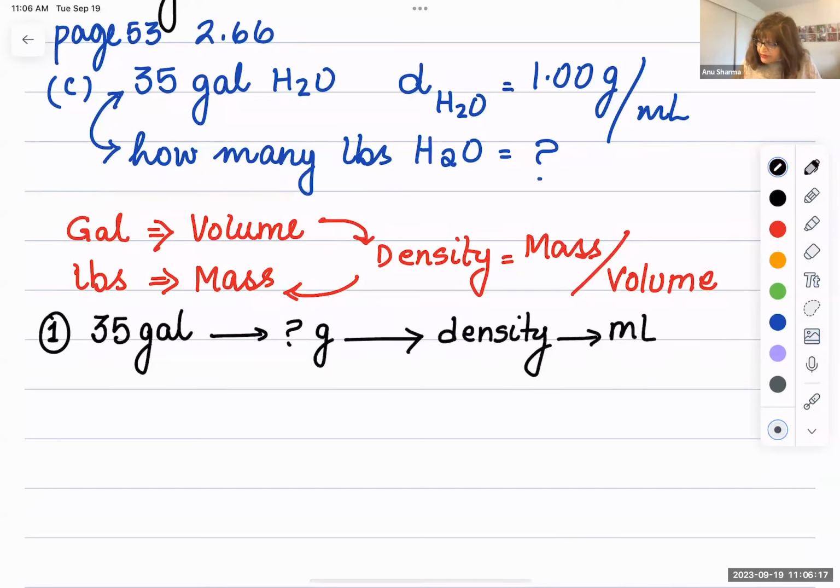No, sorry. What am I doing here? Wait a minute. Gallons is a volume. We need to convert gallons to milliliters.